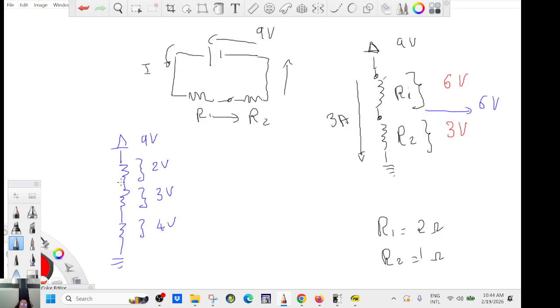You start at 9, you fall by 2. How much is left? 7 volts. And then you drop by 3. It's going to be 4. But you see, it's a drop, and then it's a drop, and then it's a drop. So voltage drop, you have to think of voltage drop. Okay?